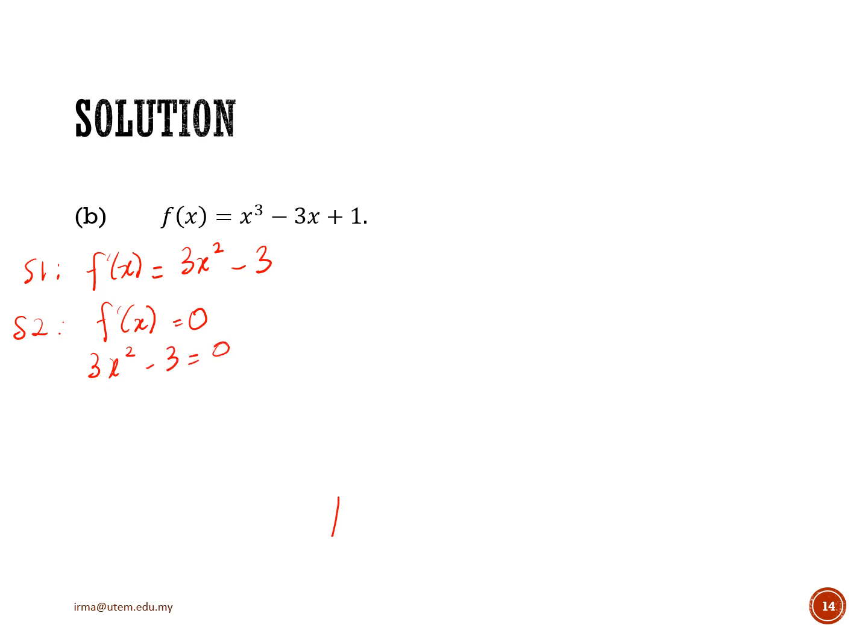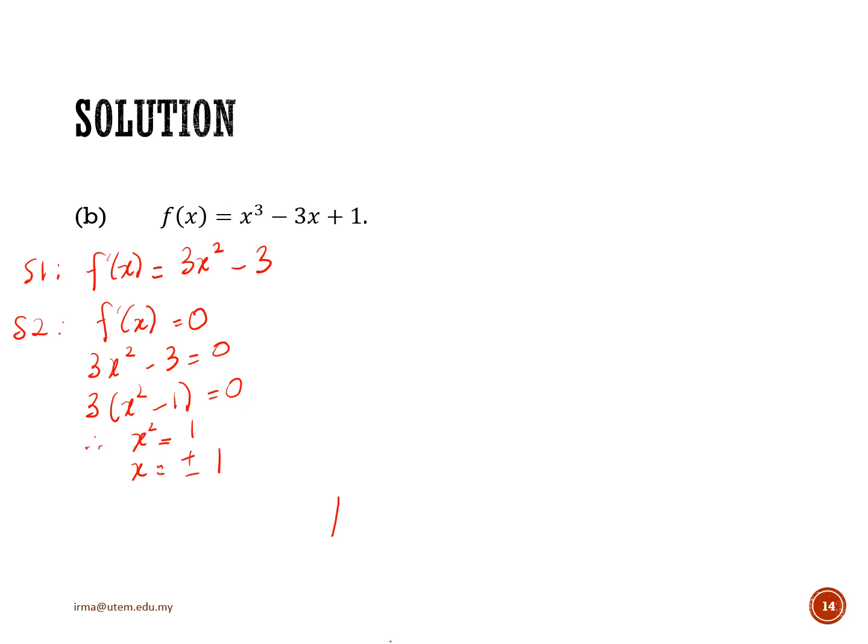From here we can find x. We have 3x squared minus 3 equal to 0, so x squared equal to 1, so our x is plus minus 1.